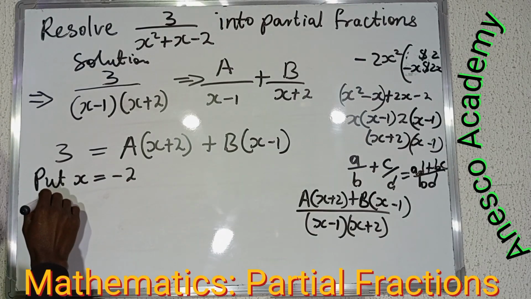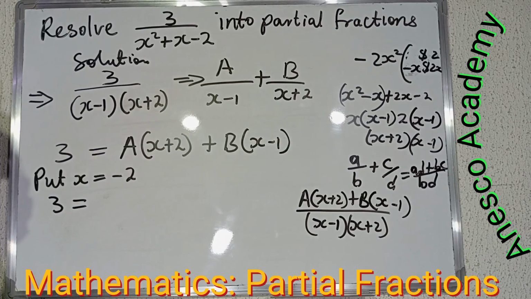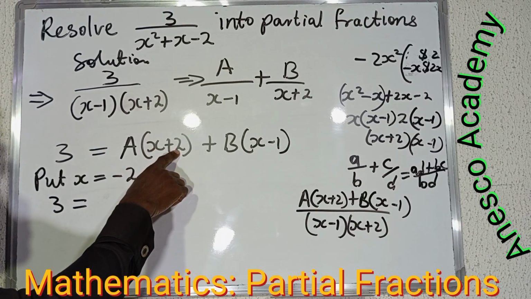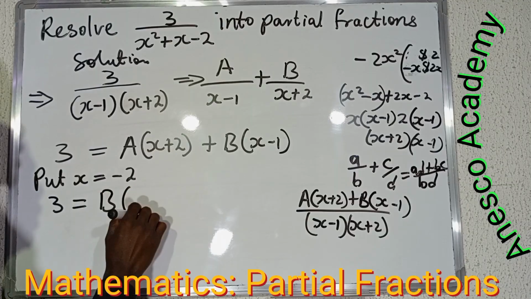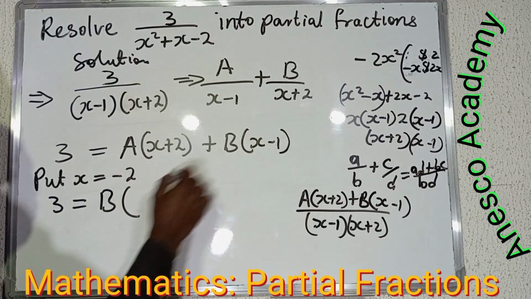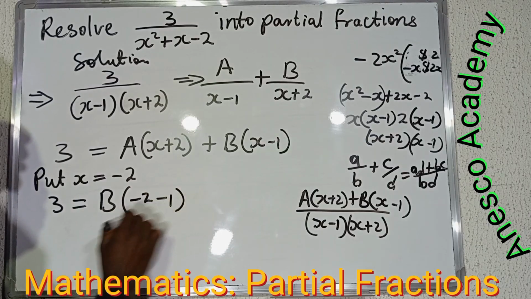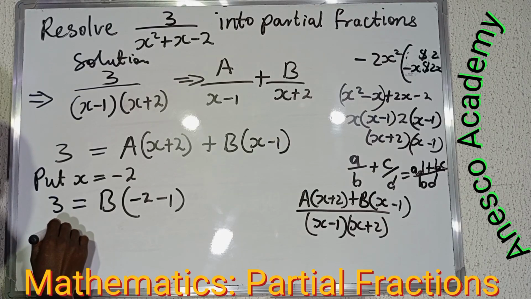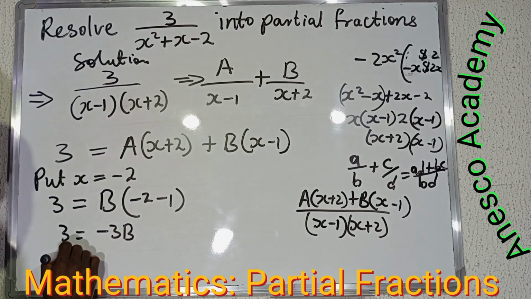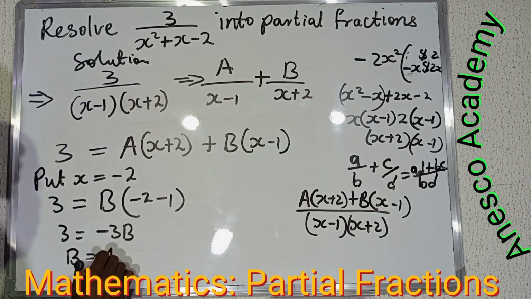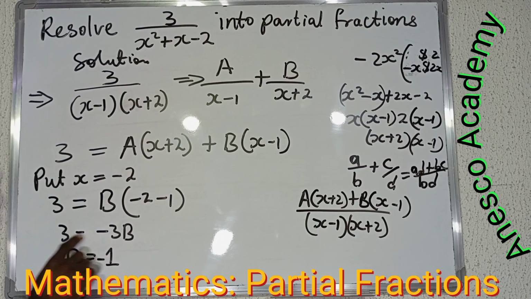So it will now be 3 equals, minus 2 plus 2 is 0, 0 times a is 0, plus b in bracket minus 2 minus 1. That's 3 equals minus 3b. Therefore, my b is equal to minus 1, because to get b, I divide both sides by minus 3. 3 divided by minus 3 will give me minus 1.